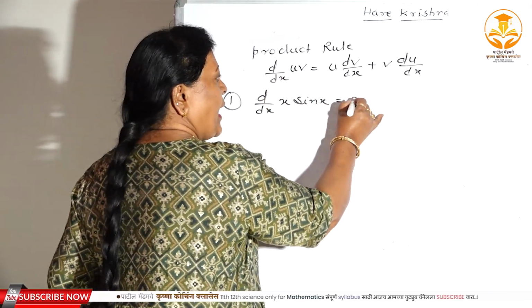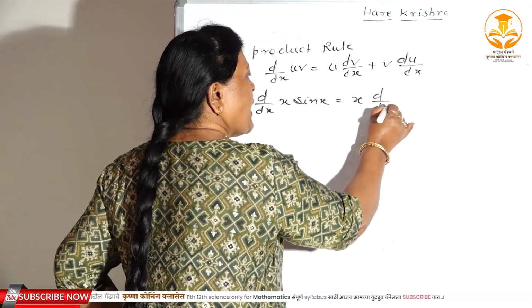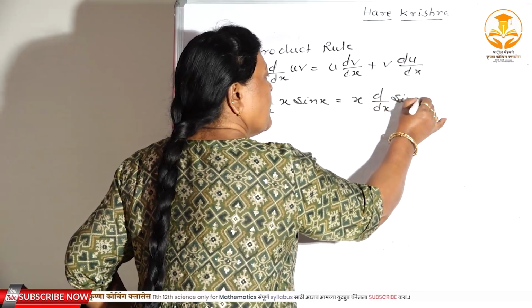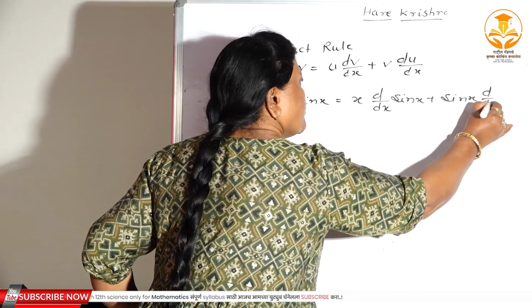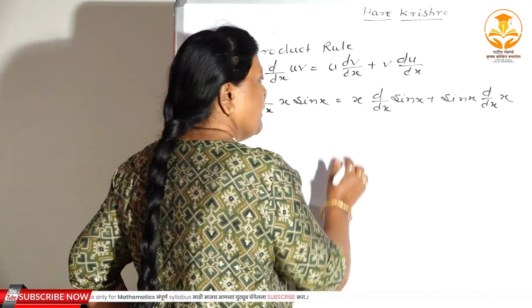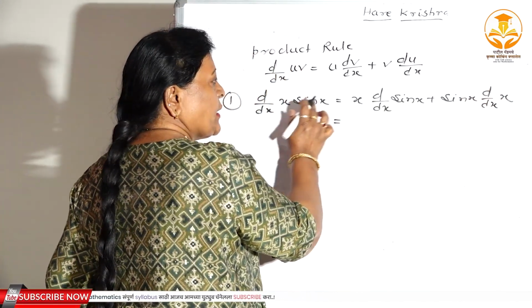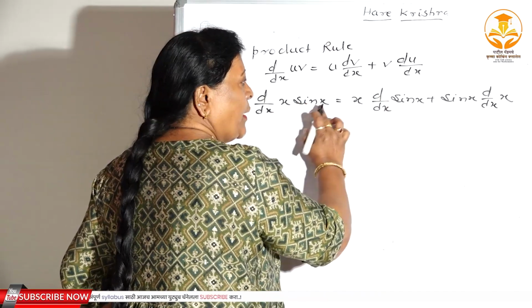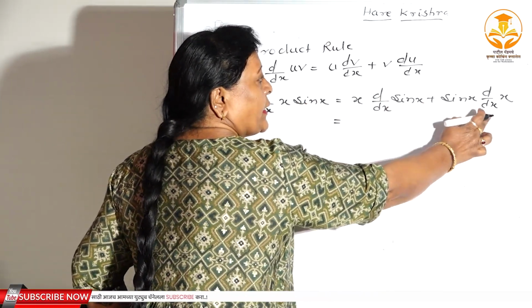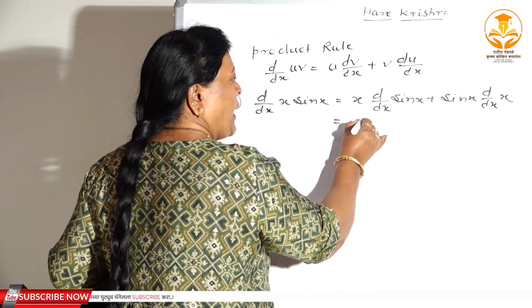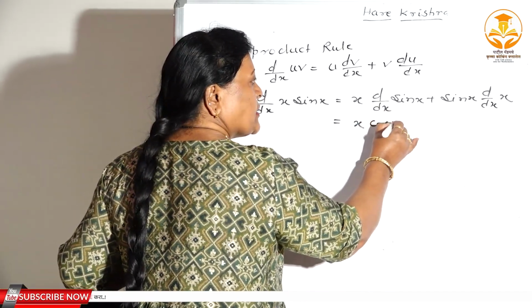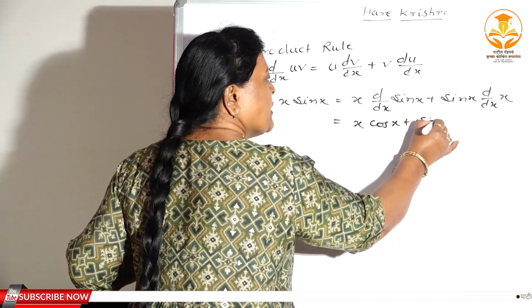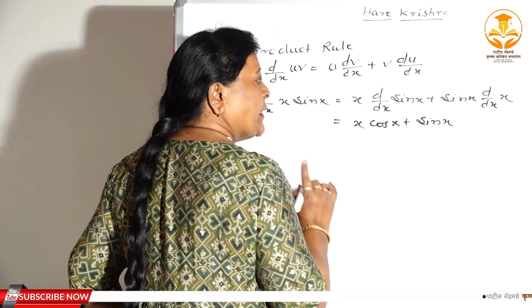Again x remains as it is. d/dx of sin x plus sin x remains as it is. d/dx of x. Right. So the first term remains as it is, take the derivative of the second term, plus second term remains as it is, take the derivative of the first term. x remains as it is, the derivative of sin x is cos x, plus sin x remains as it is, and the derivative of x is equal to 1.